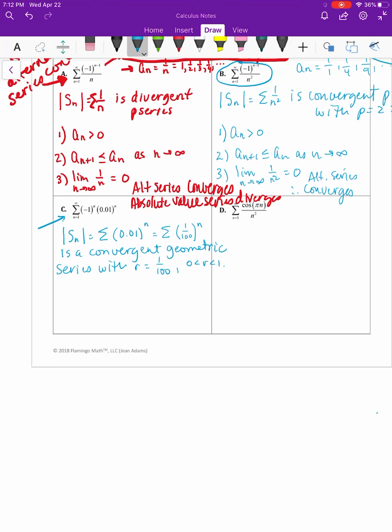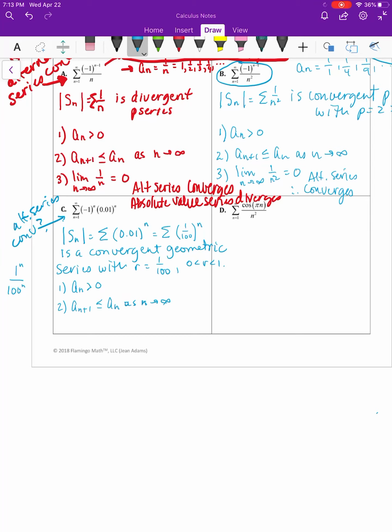So it is a convergent geometric series with r equal to 1/100th. My r is between 0 and 1, so it's convergent. Now we need to look at, is my alternating series convergent? That's the next question. So number 1, it'd be 1 over 100 to the 1, 1 over 100 to the 2, 1 over 100 to the 3.